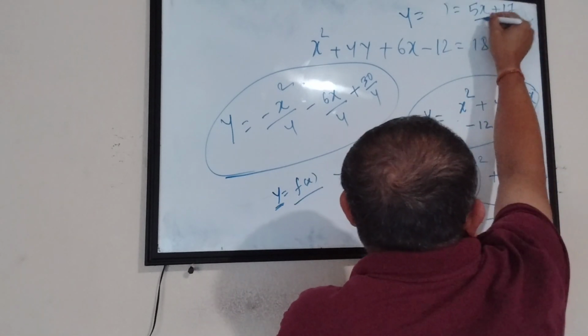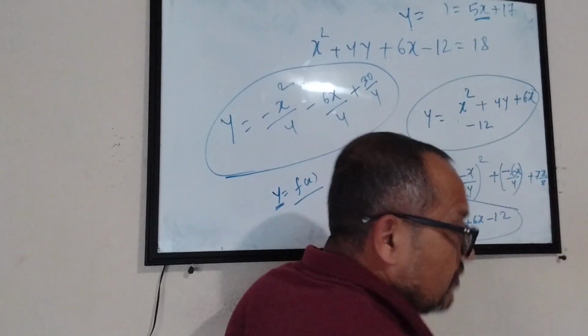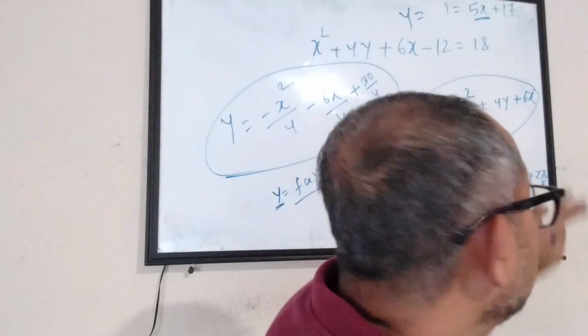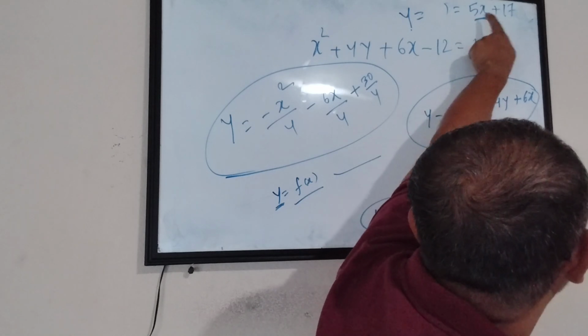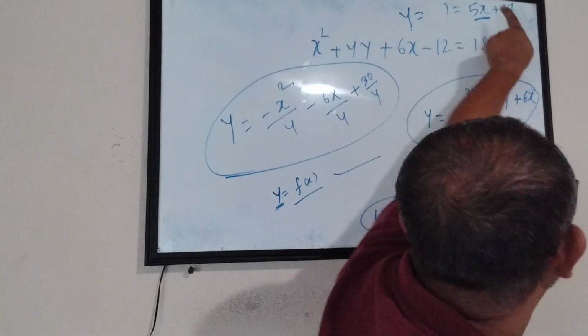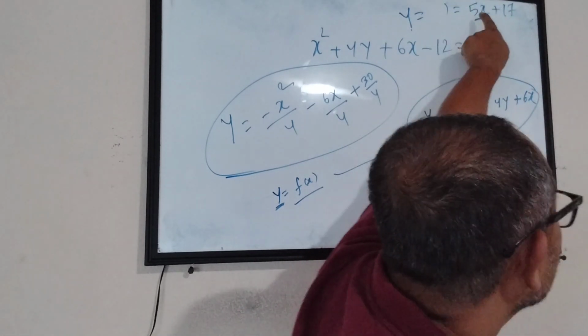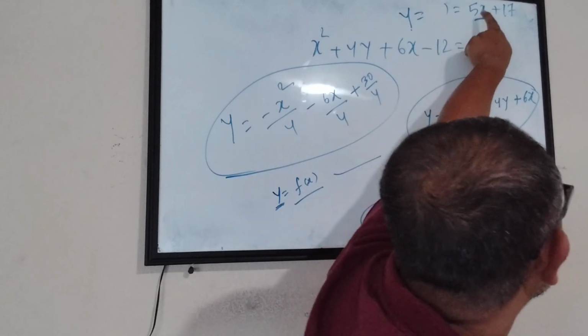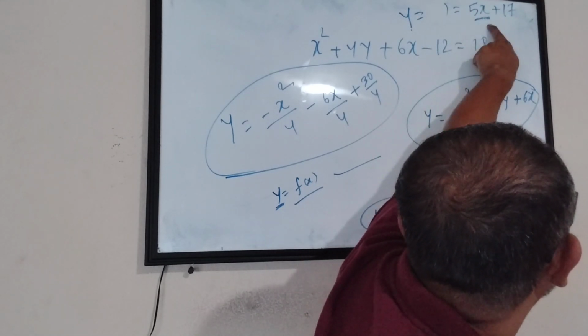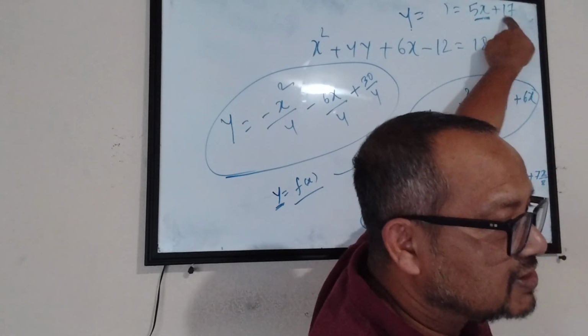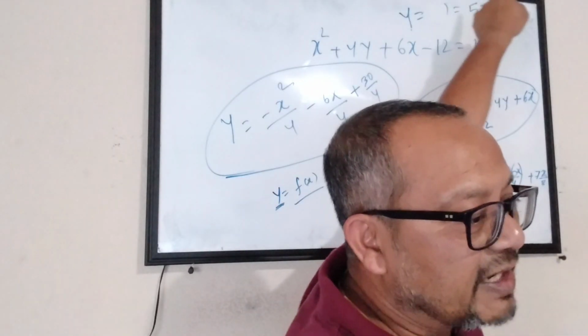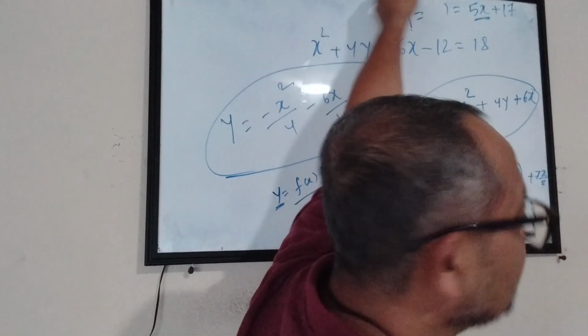For every value of x, there will be a corresponding value of y. If you put x equals 1, this becomes 5 into 1, 5 plus 17, 22. So the value of y will be 22. When you put x equals 2, it becomes 5 into 2, 10 plus 17, that becomes 27. When you put x equals 3, it becomes something else.